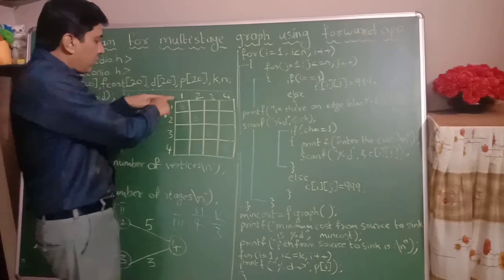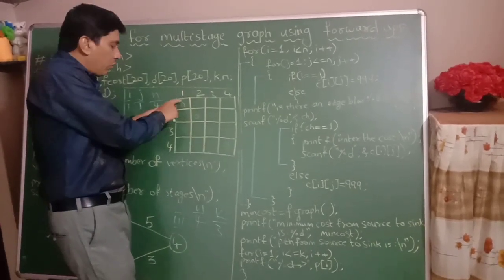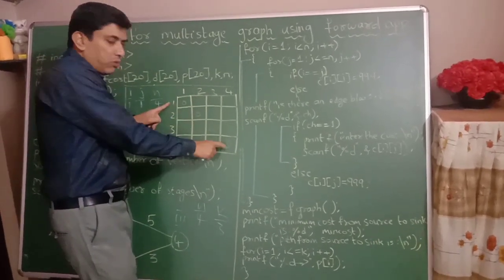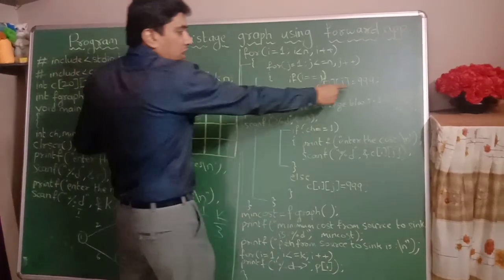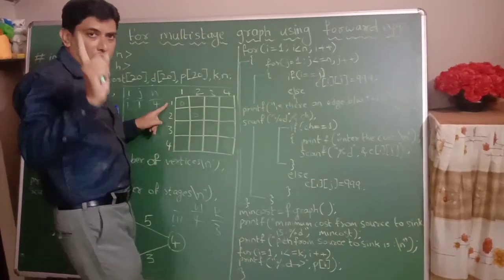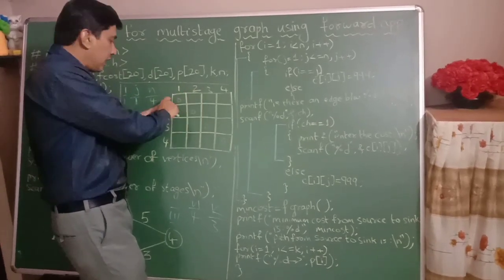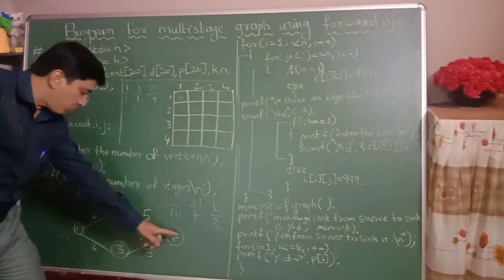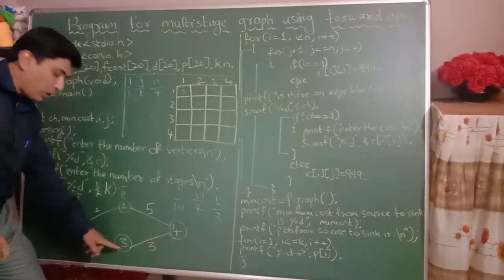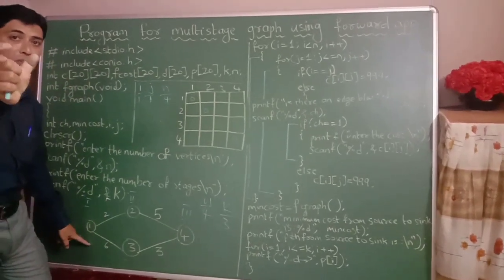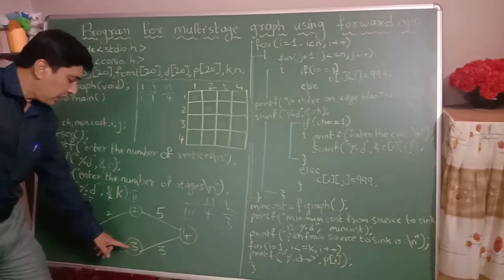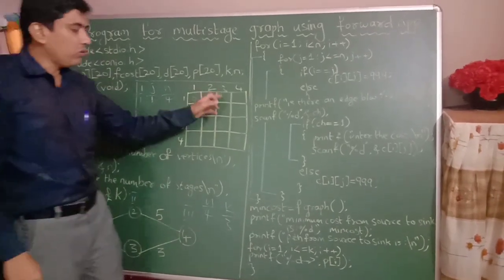One is that if the values of i and j are equal, that is 1 to 1, 2 to 2, 3 to 3, 4 to 4, in that case I have to initialize with 999. Second condition, if there is an edge between, say for example, 2 to 4, 3 to 4 and 1 to 2, I have to take the particular weight of the particular edge. For example, 3 to 4 it is 3, that I have to represent.